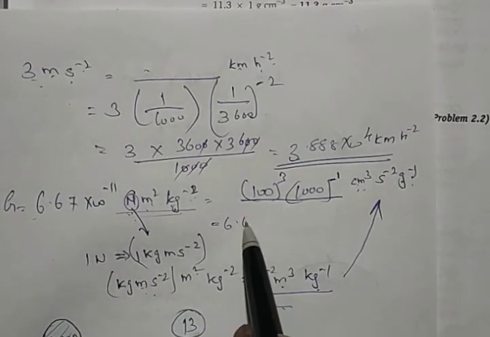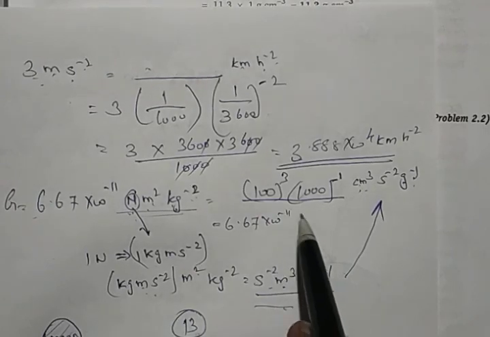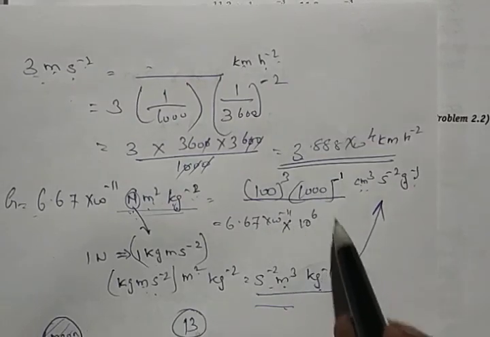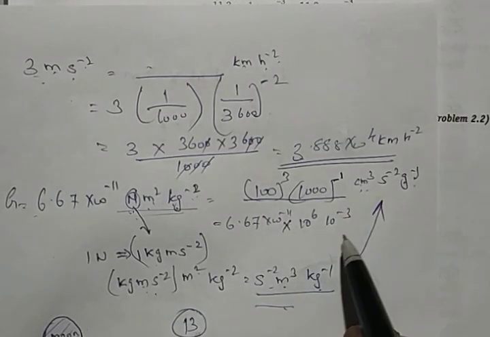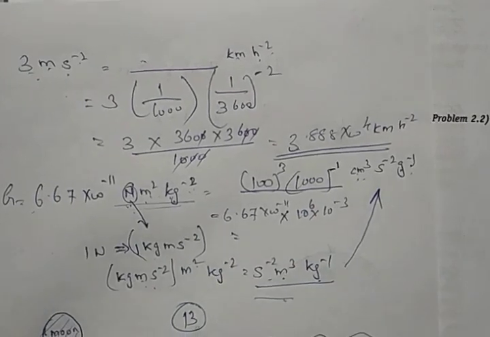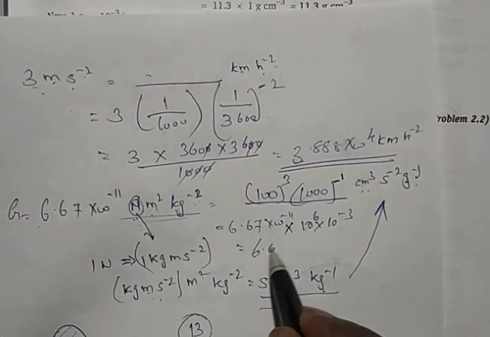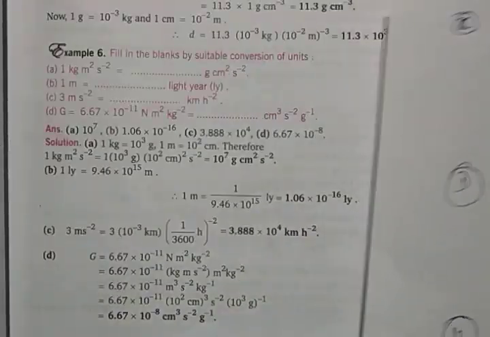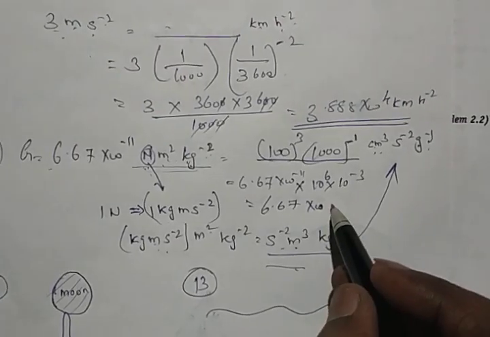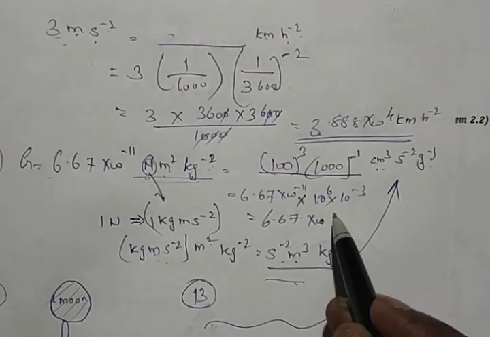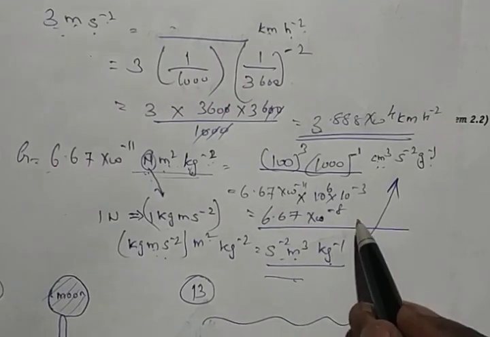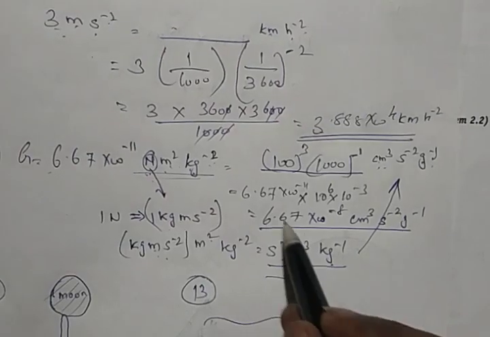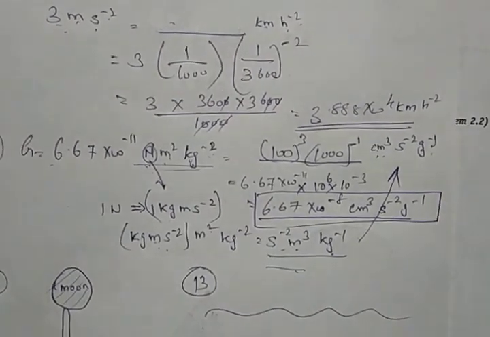So this is going to be 10 to the power of minus 6, and this is going to be 10 to the power of minus 3. Final answer will be 6.67 into 10 to the power of minus 8. And what is the unit? Centimeter cube second minus 2 gram minus 1. This will be the value here.